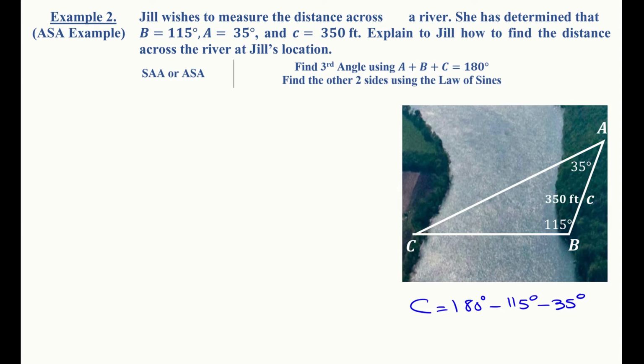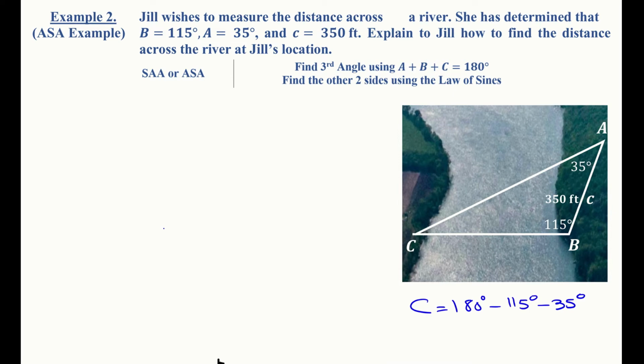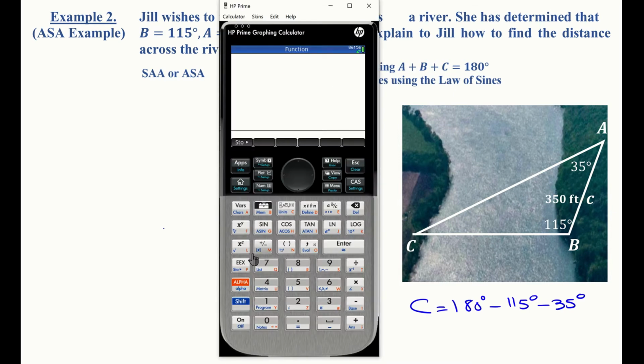So if we do a quick calculation on that, we want 180 minus 115 minus 35. So we get 30.